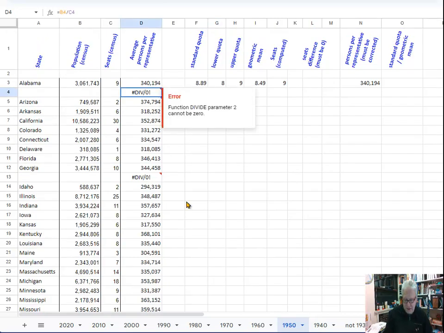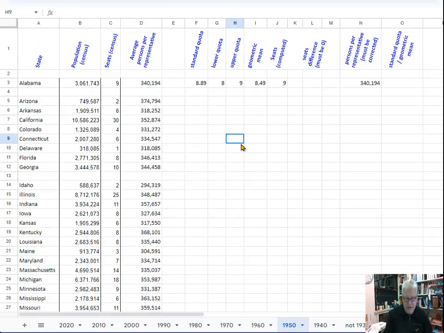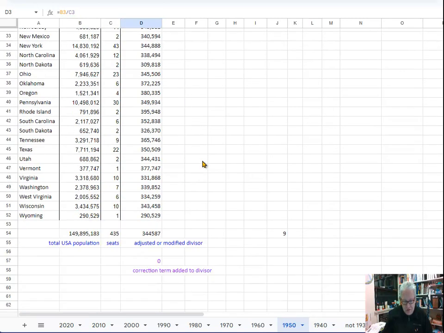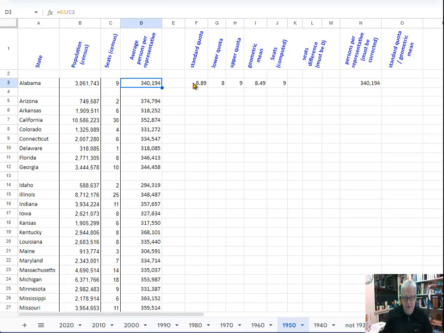Again, I don't need Alaska and Hawaii. All right, now the math begins. This one here is to divide the population by the standard divisor, so the 344 thousand, there it is, which comes out to 8.89.